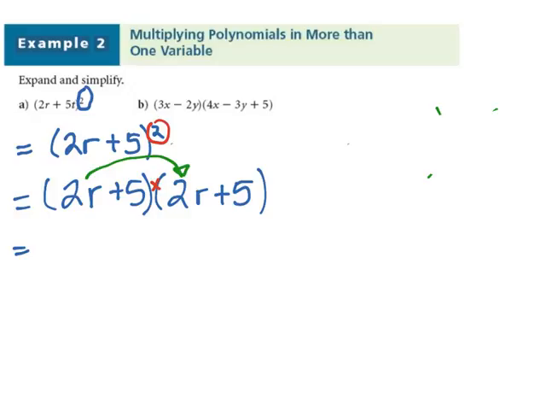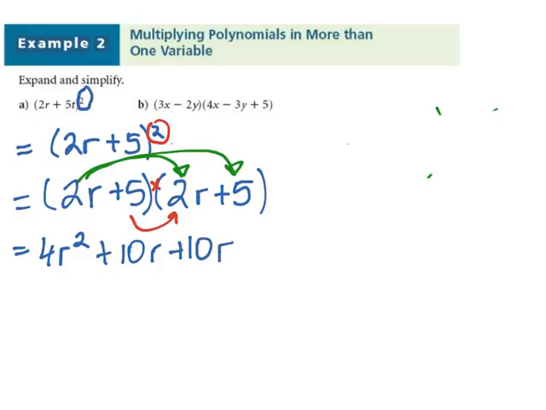2r times 2r is 4r squared. 2 times 2 is 4, r times r is r squared. Then 2r times 5 is 10r. We're done with that part. Then we'll multiply 5 with 2r, plus 10r is the answer. And the last term is 5 times 5 is 25.